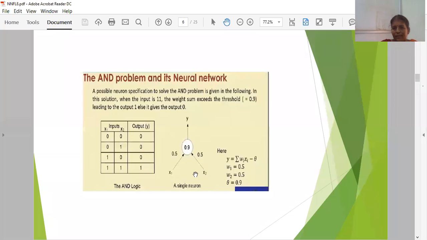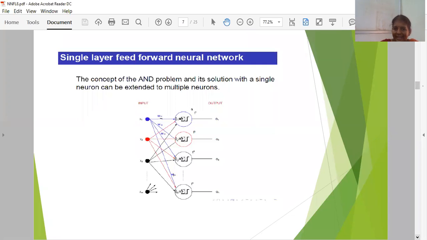See here, we are visualizing only a single neuron. So you are extending this single neuron to n number of neurons in a single layer feed forward neural network. We are extending the same AND problem to multiple neurons.